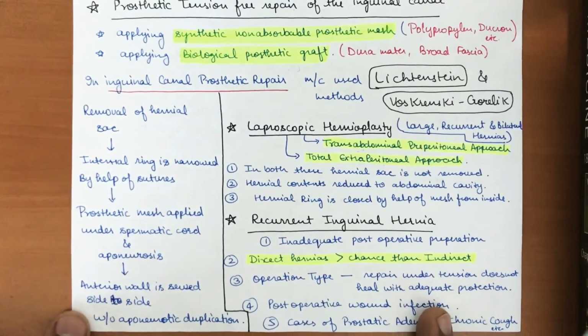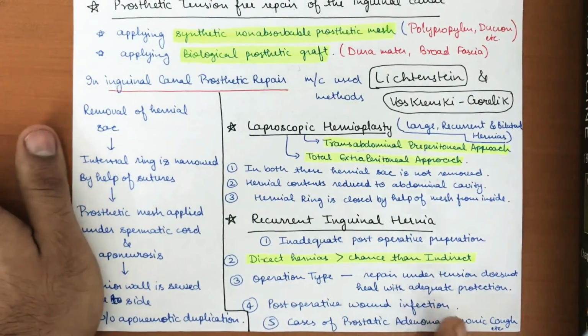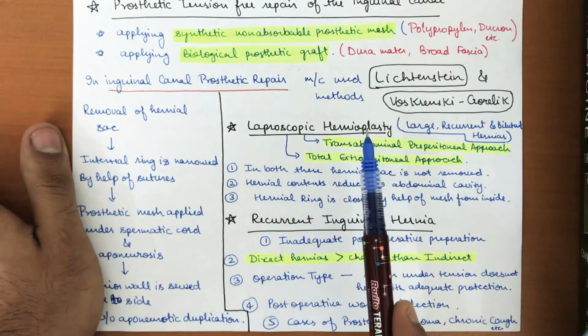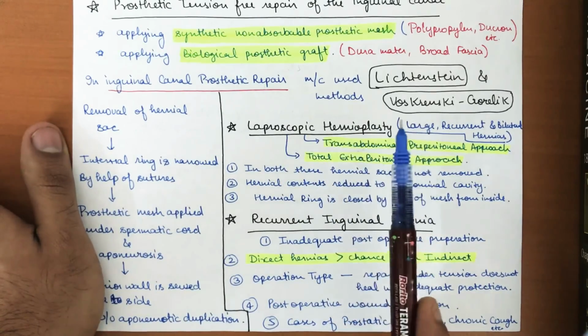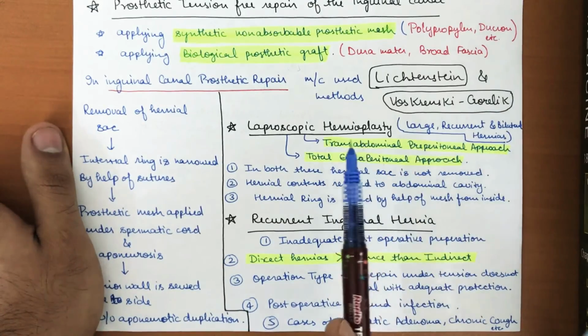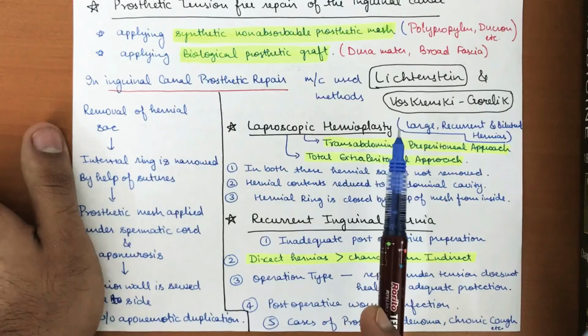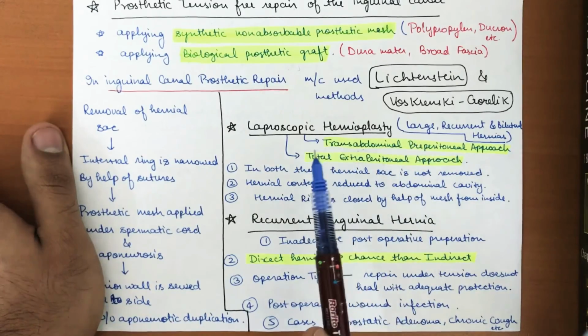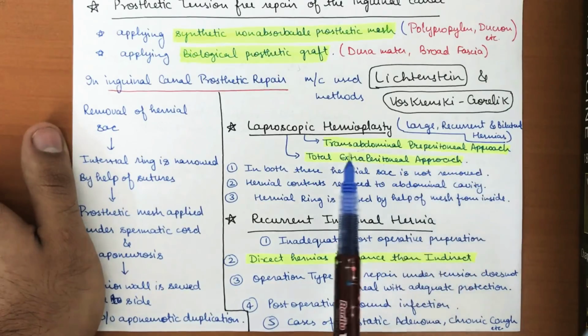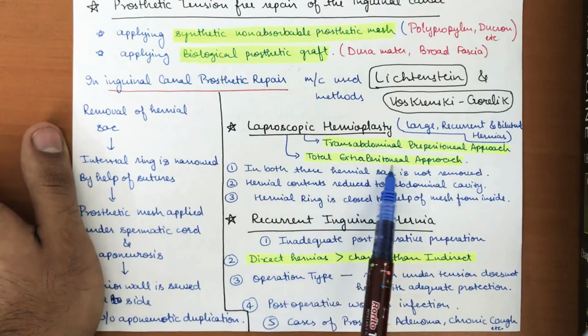Besides these methods, there is another method, for example laparoscopic hernioplasty. Laparoscopic hernioplasty can be done in the case of very large hernias, recurrent hernias and bilateral hernias present on both sides, so they can be treated laparoscopically. There are two approaches: one is the transabdominal preperitoneal approach, another is the total extraperitoneal approach.